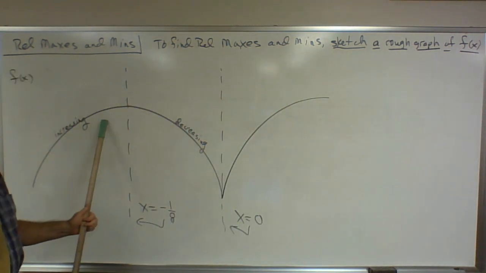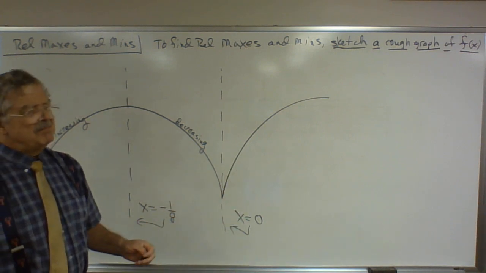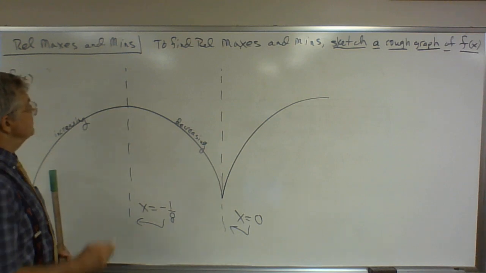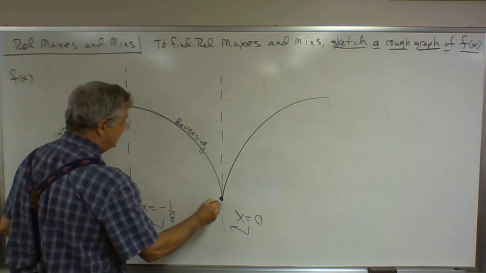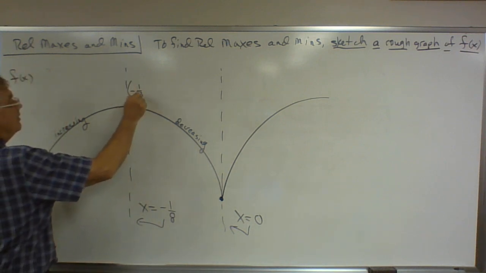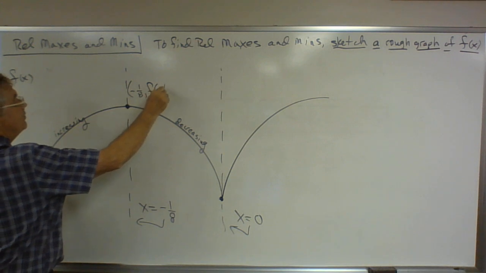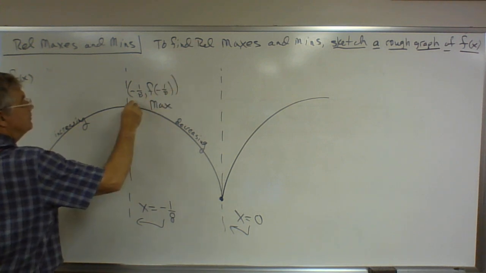Now, I don't know if I have the concavity right here. Maybe, maybe not. But the important thing is I've found the high and low points of the graph. This is negative 1/8, f of negative 1/8, which is a relative max.